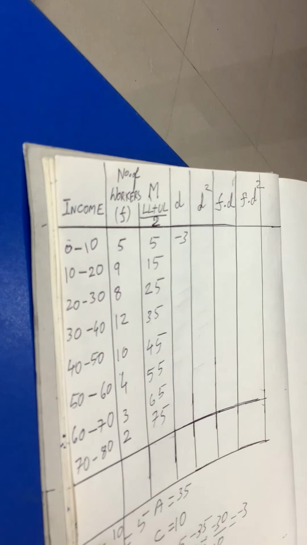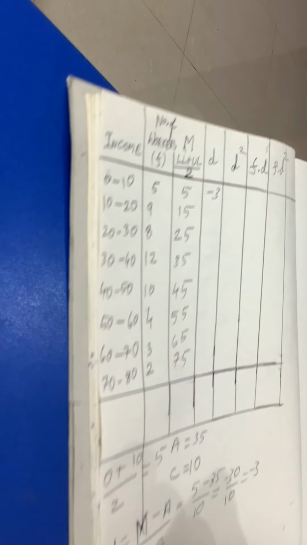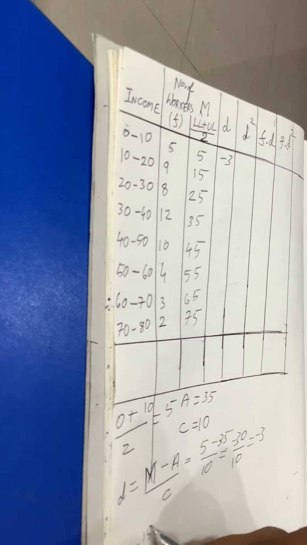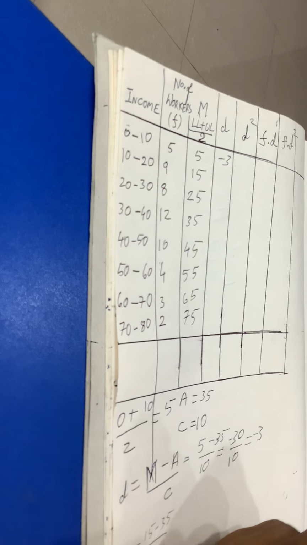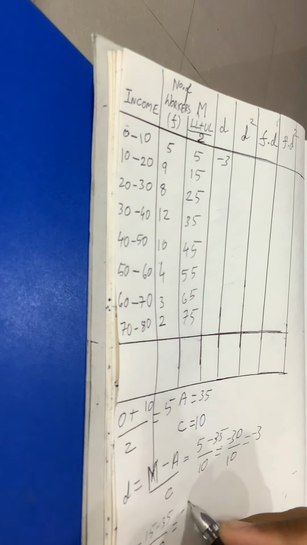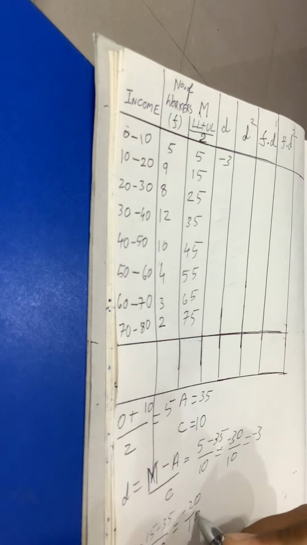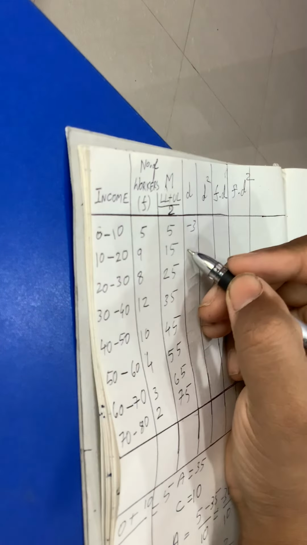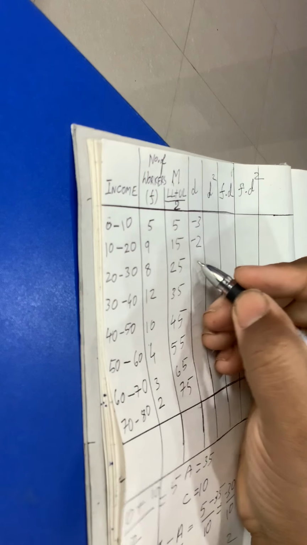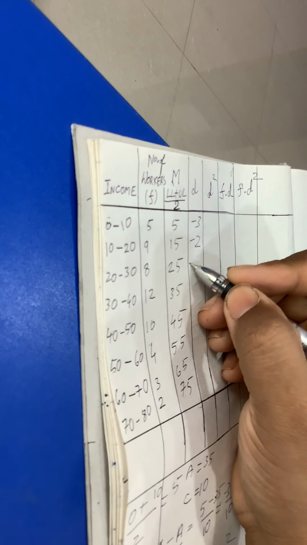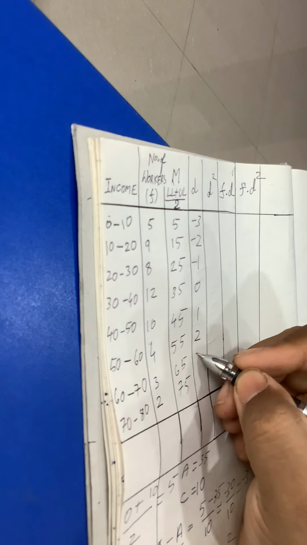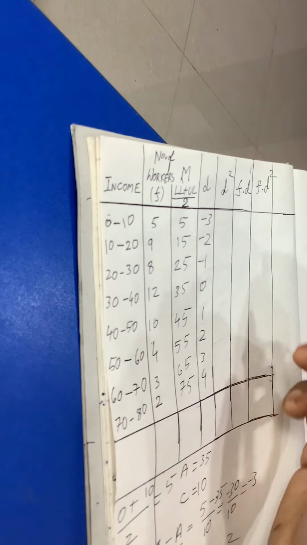The second one, the mid value is 15. So 15 minus 35 divided by 10, equal to minus 20 divided by 10, equal to minus 2. The rest of the calculations I leave for you to do. You will get minus 1, 0, 1, 2, 3 and 4.